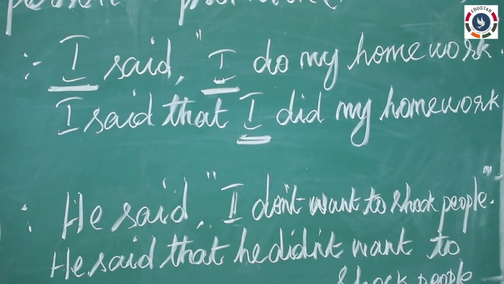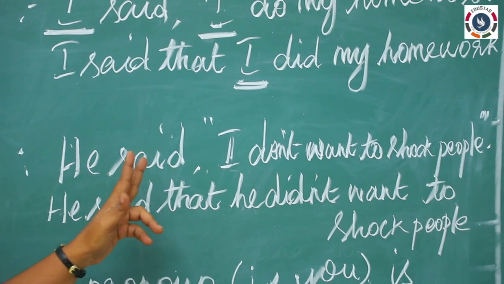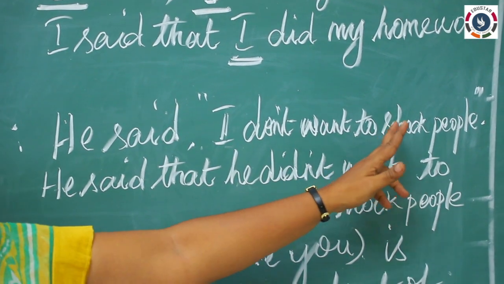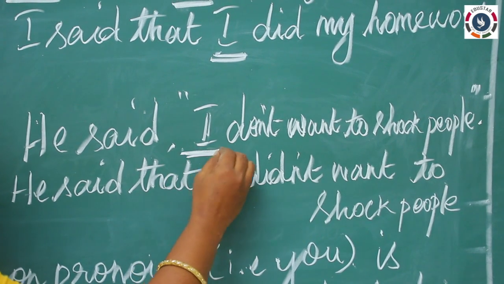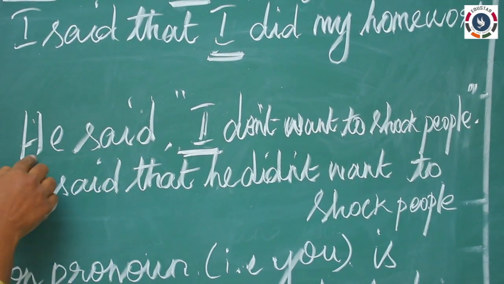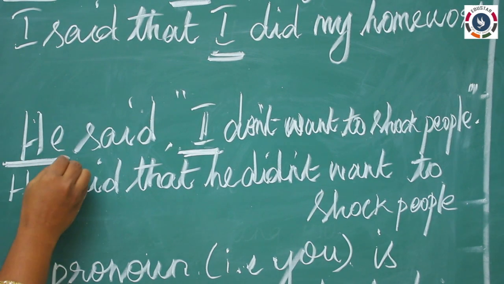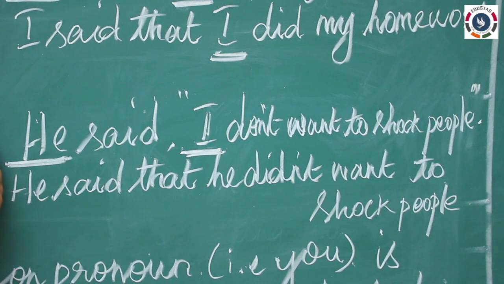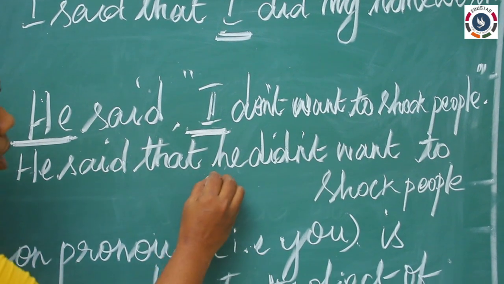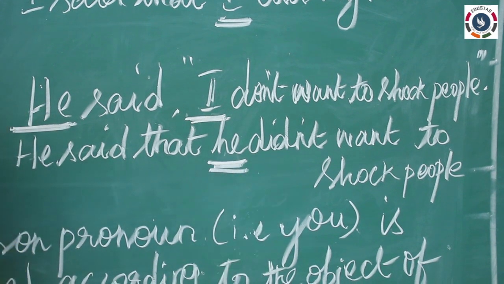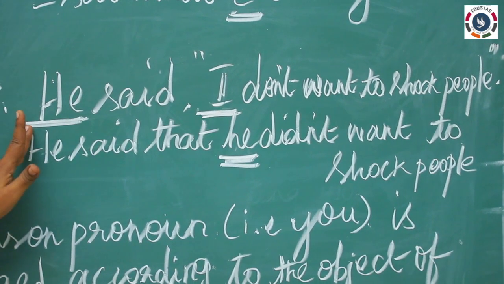Then look at the second sentence: He said, "I don't want to shock people." Here also the same pronoun "I" is present, but look at the reporting clause before the reporting verb, the pronoun is different. So if it is like this, when you change into indirect, your pronoun will be changed according to the subject.